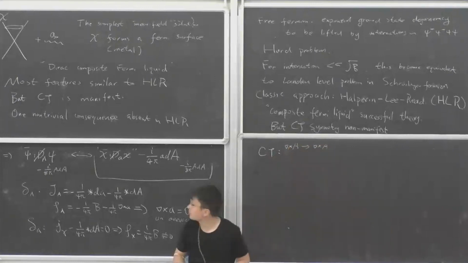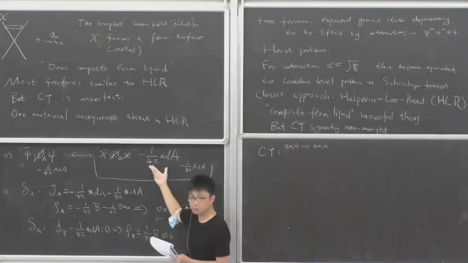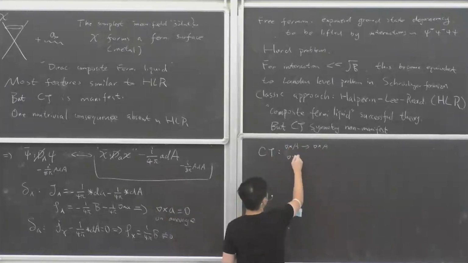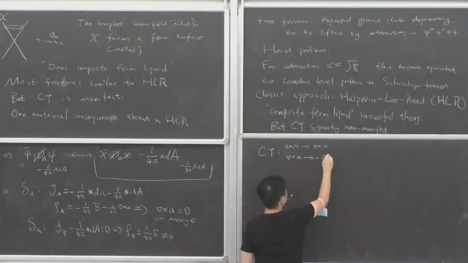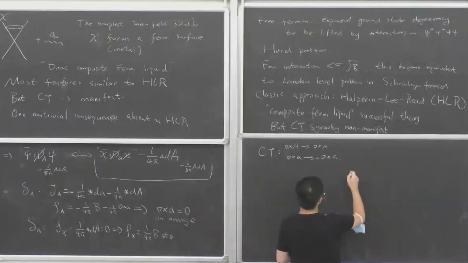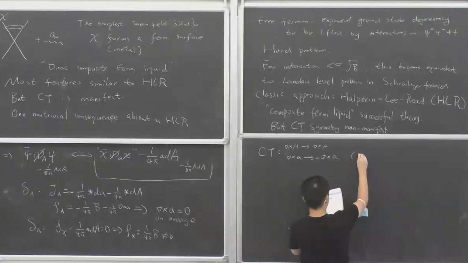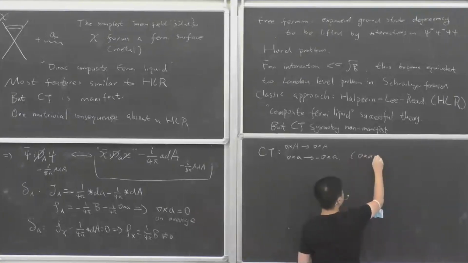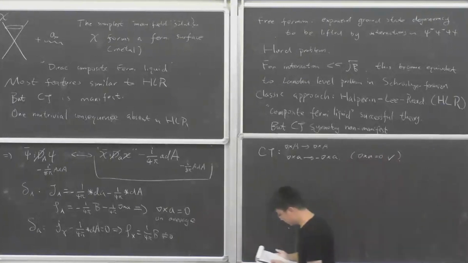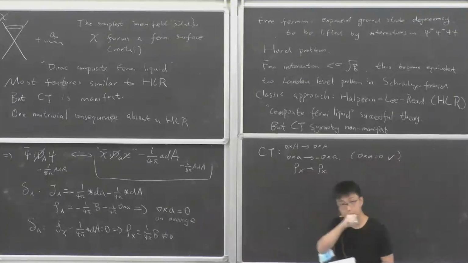But because of this mutual BF coupling, this Chern-Simons coupling, it demands the little a to do the opposite thing. So in fact, this condition alone is saying that on average, your magnetic field should vanish. It also means that the chi fermion should just go to itself.